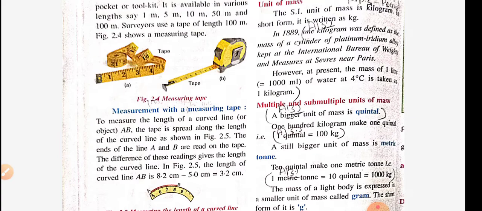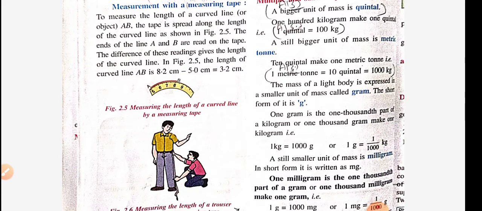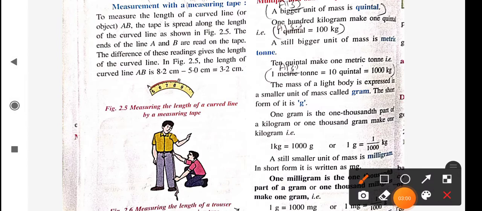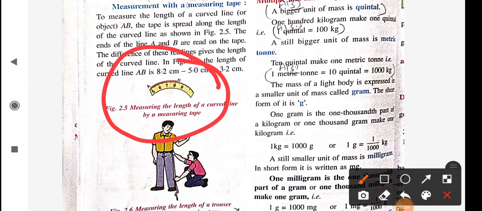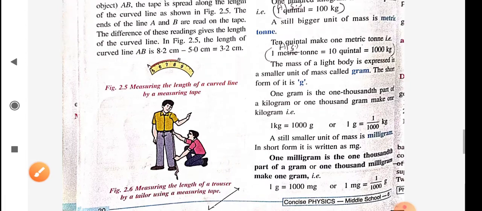The difference of these readings gives the length of the curved line. We use the measuring tape like that, and we also use it to measure the height of a person and the length of long things.